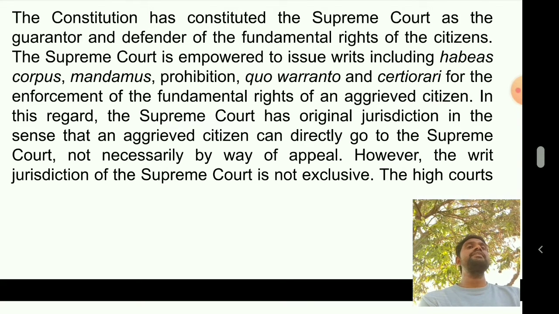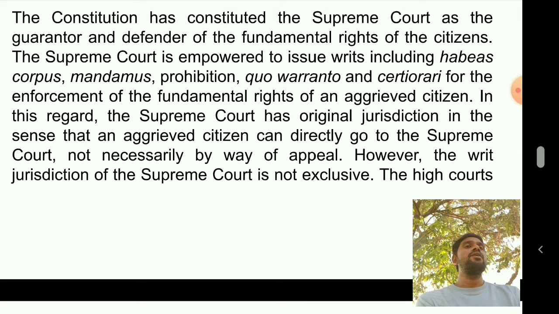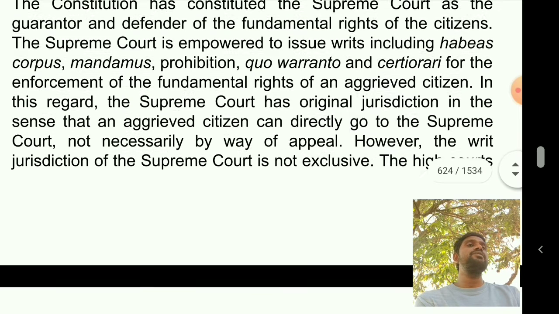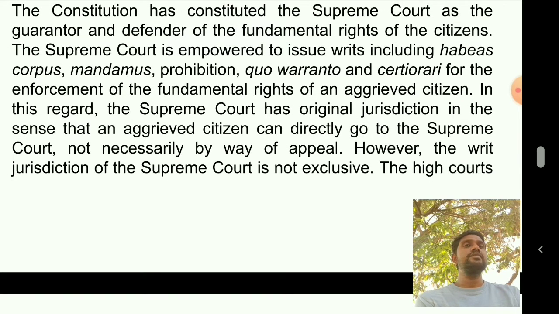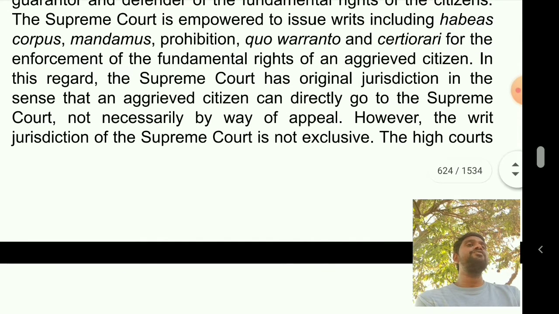The Supreme Court is empowered to issue writs including habeas corpus, mandamus, prohibition, quo warranto, and certiorari for the enforcement of the fundamental rights of an aggrieved citizen. In this regard, the Supreme Court has original jurisdiction in the sense that an aggrieved citizen can directly go to the Supreme Court, not necessarily by way of appeal.